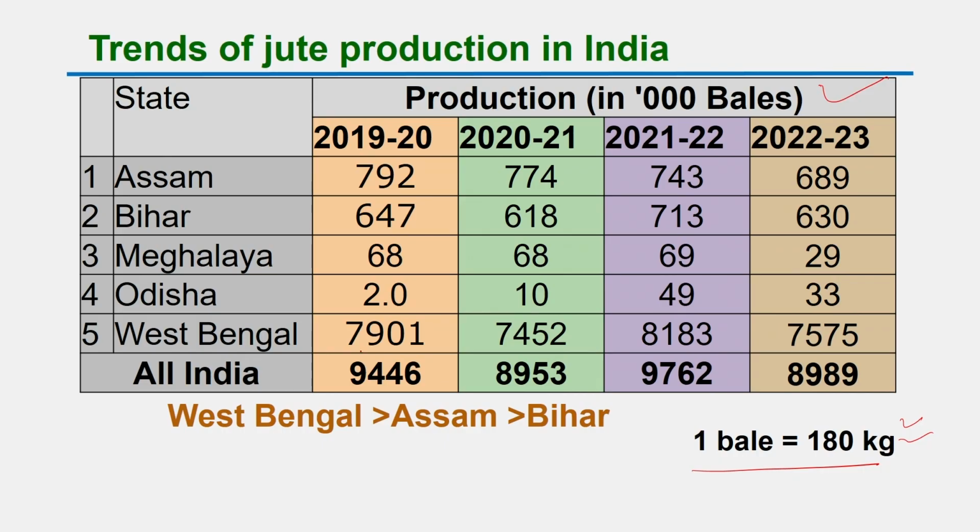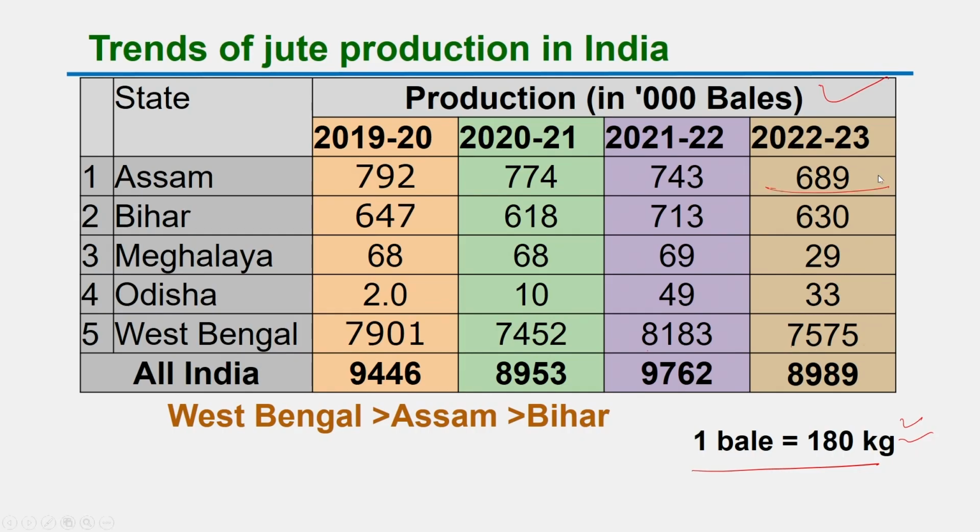In West Bengal, you got 7,901,000 bales production of jute in 2019-20, and then again 7,452, 8,183, 7,575,000 bales.